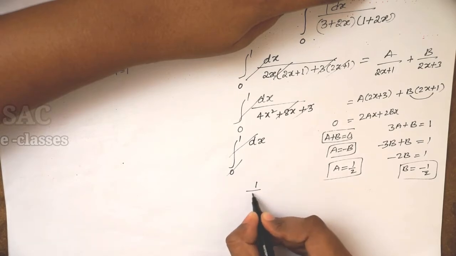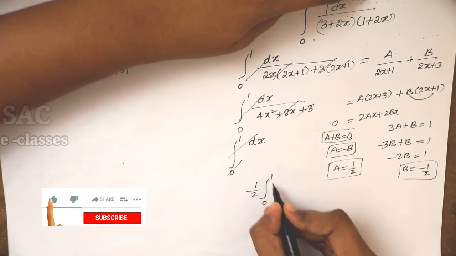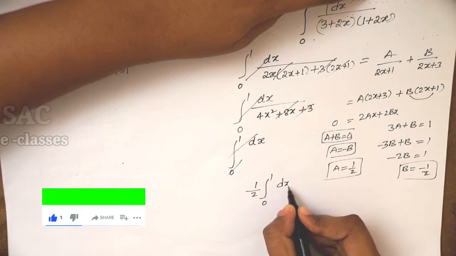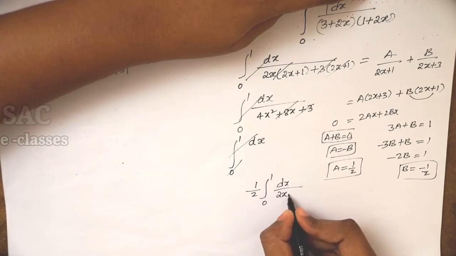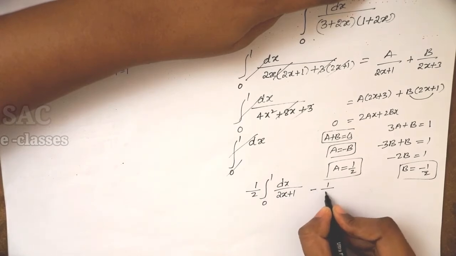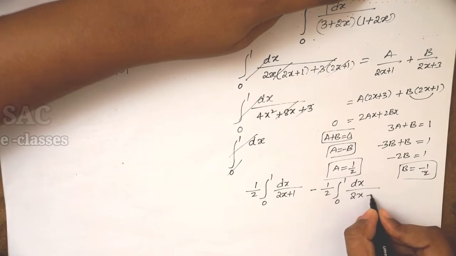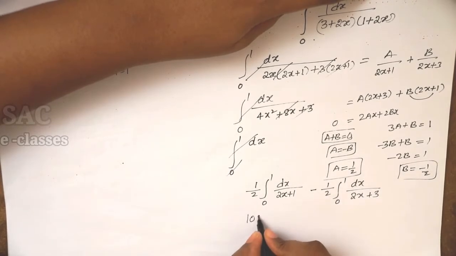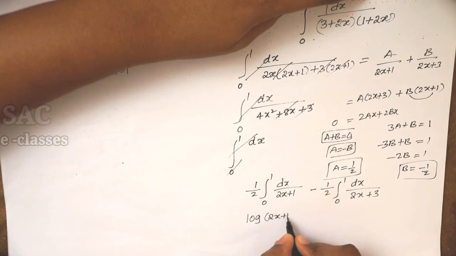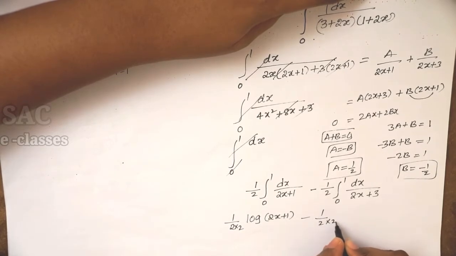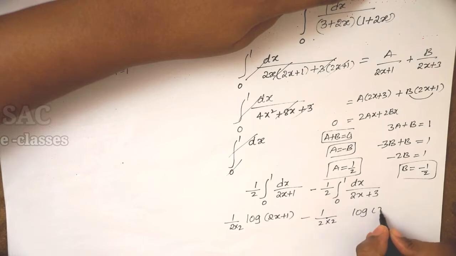Now 1 by 2 into integration 0 to 1 dx by 2x plus 1, minus 1 by 2 integration 0 to 1 dx by 2x plus 3. That gives log of 2x plus 1, 1 by 2, but already 2x means into 2, minus 1 by 2 into 2 log of 2x plus 3.